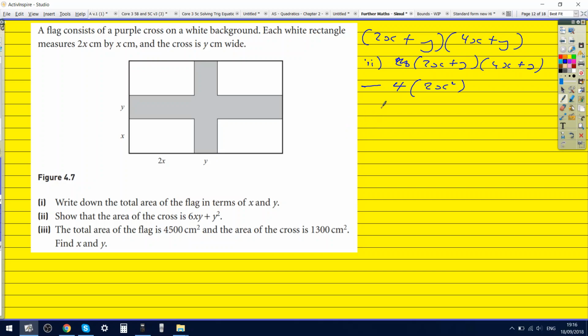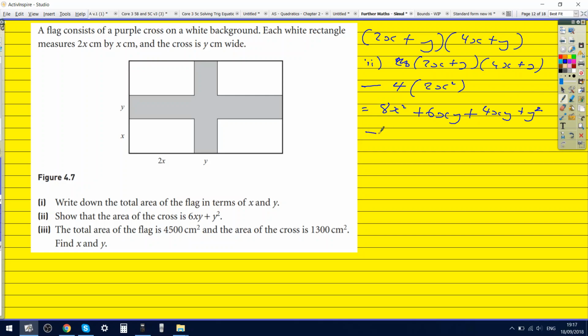And we have 8x squared plus 6xy plus y squared minus 8x squared. That's the area of the cross. This means we're left with 6xy plus y squared.